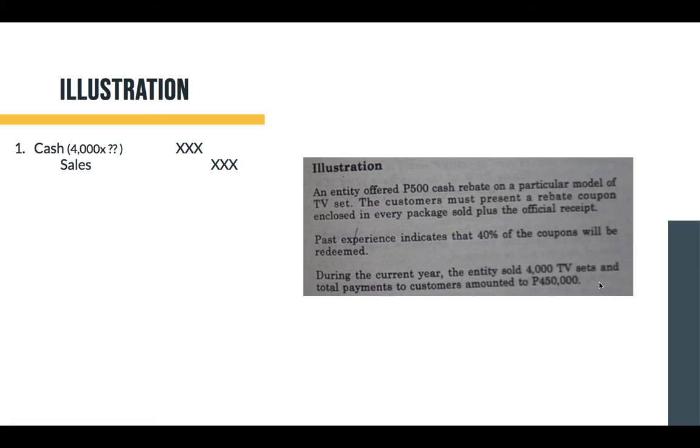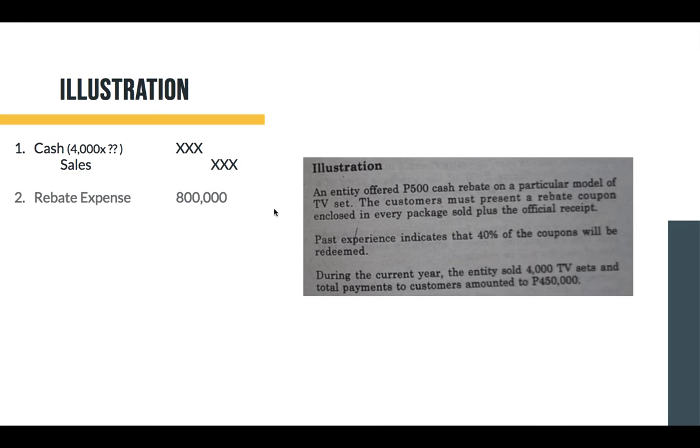Since the problem did not state how much is the TV, or we don't know how much is the total sales, we don't have an amount here. So basically it should be 4,000 times how much is the TV per unit. But it's not given in the problem. So we don't know.